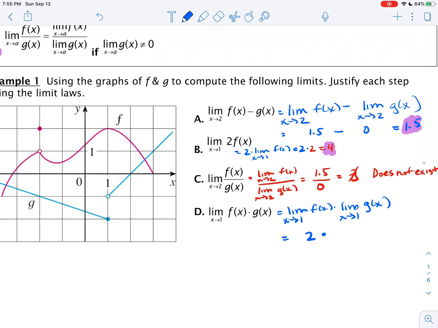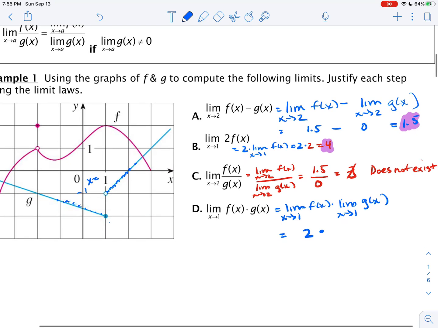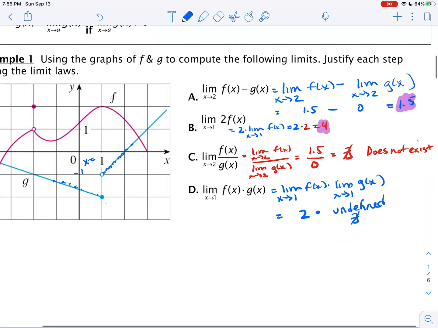Well, that is still a two-sided limit. And if we go to the graph, here is where x is equal to 1, and the limit from the right is equal to minus 1, but the limit as x approaches from the left is equal to minus 2, and so this limit does not exist, and 2 times that undefined is also a does not exist.